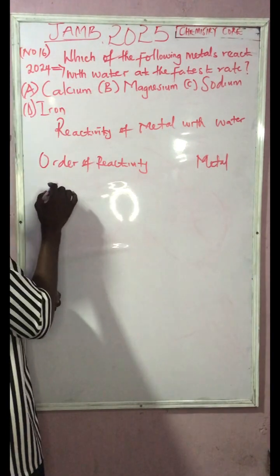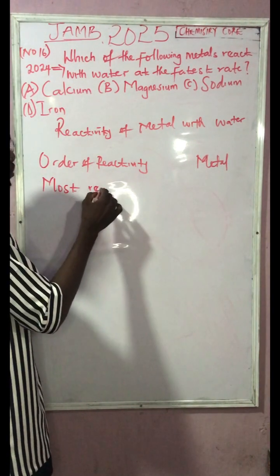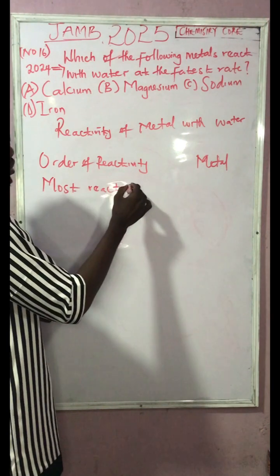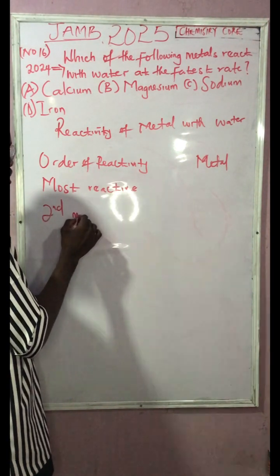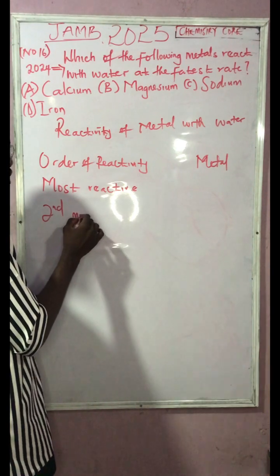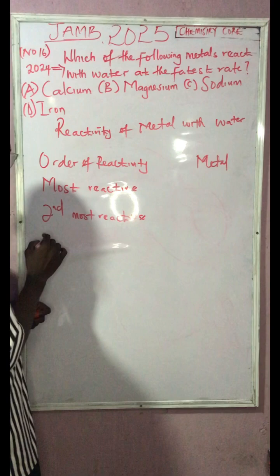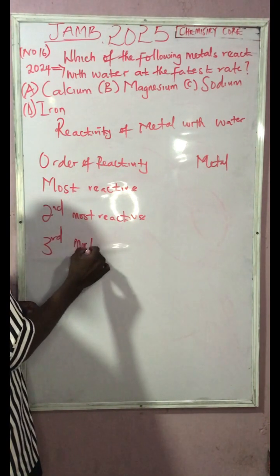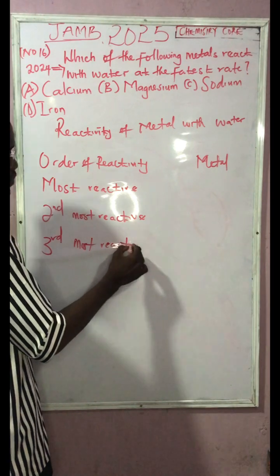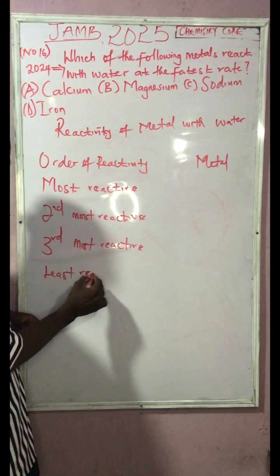The first one here is the most reactive. The second one, the second most reactive. The third, the third most reactive. And we have the least reactive.